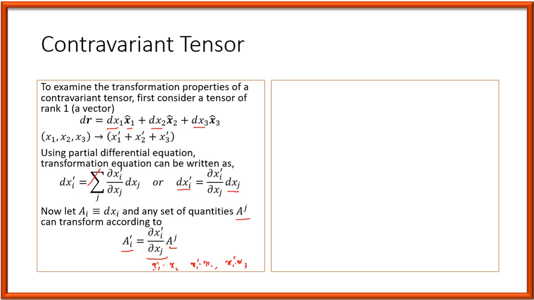This just gives us the direction cosine between those two axes. Now let us also define dou xi dash divided by dou xj as another component aij. Now I can write ai dash is equal to aij into a superscript j.